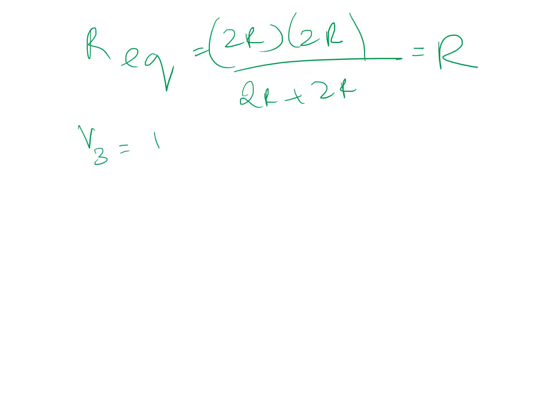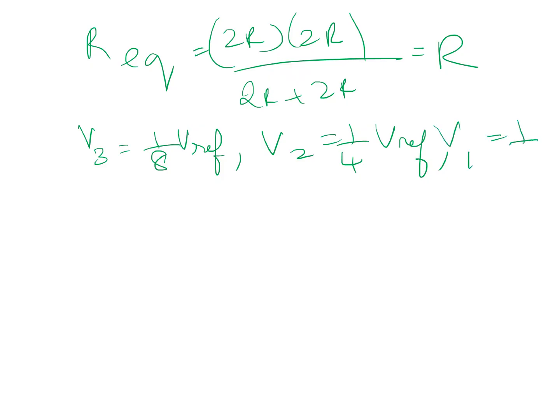V3 is equal to 1 by 8 times of V reference. V2 is equal to 1 by 4 times of V reference. And V1 is equal to 1 by 2 times of V reference.